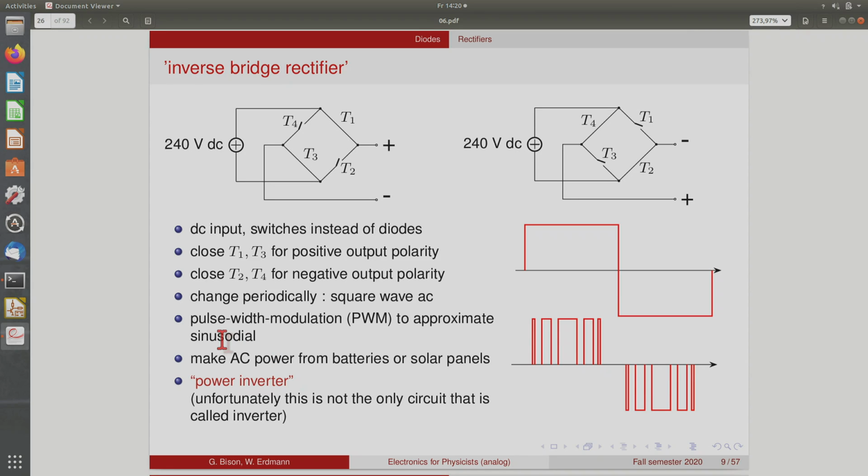So this is the way one can make AC power from a DC power, for instance, from a battery or from a solar cell. These things are called power inverters. Unfortunately, because the name inverter is, I know at least 3 devices in electronics that are called inverters, but that's what they're called. So these, I think, will become more and more important in the future.